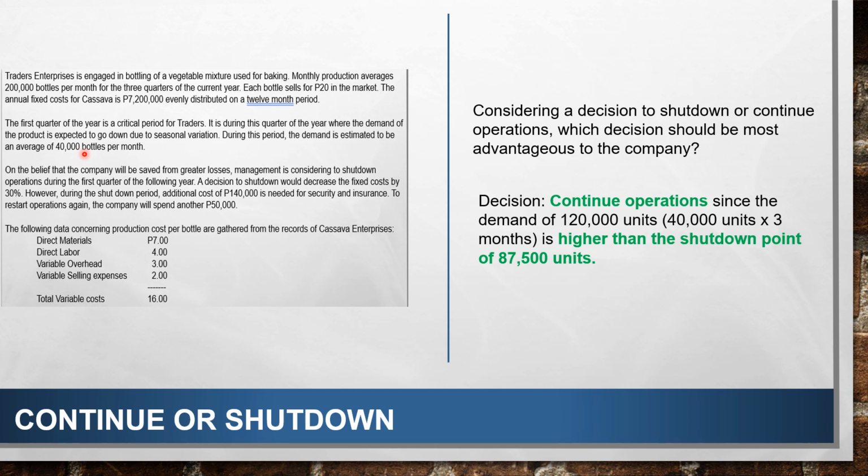Again, our decision criterion was we will continue operations if our demand is higher than the shutdown point. In this problem, the 120,000 demand in normal operations is higher than the shutdown point of 87,500. Therefore, we will continue under our normal operations because it is much better.